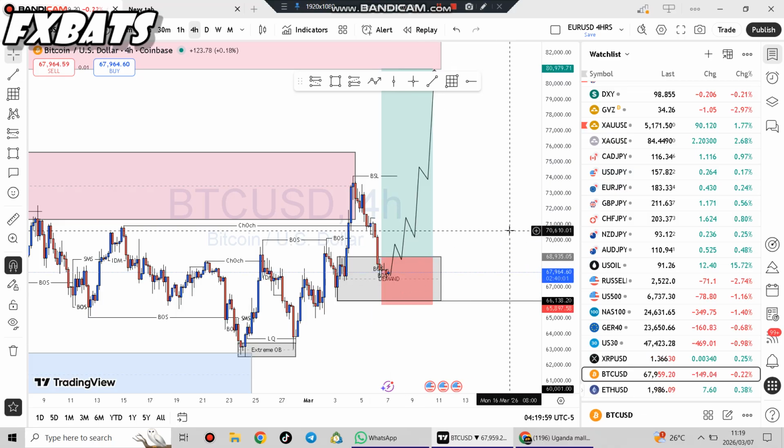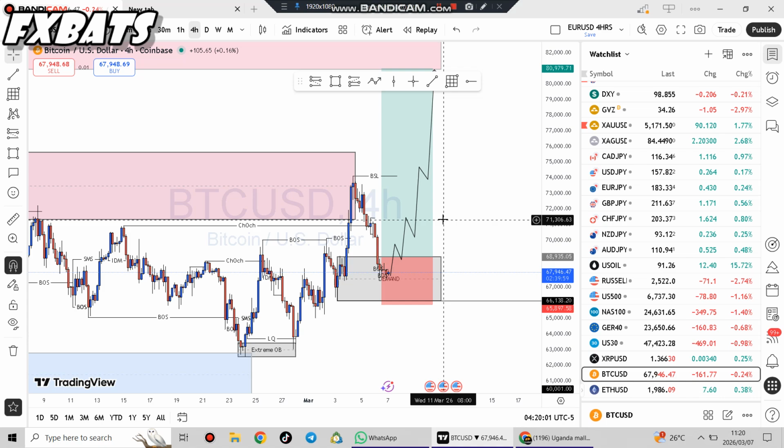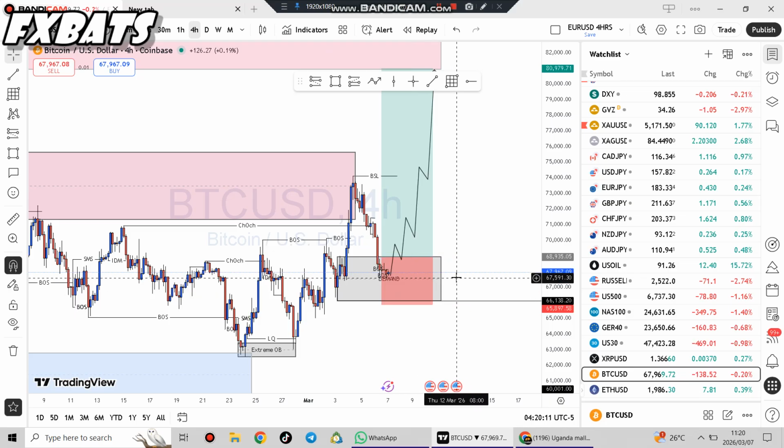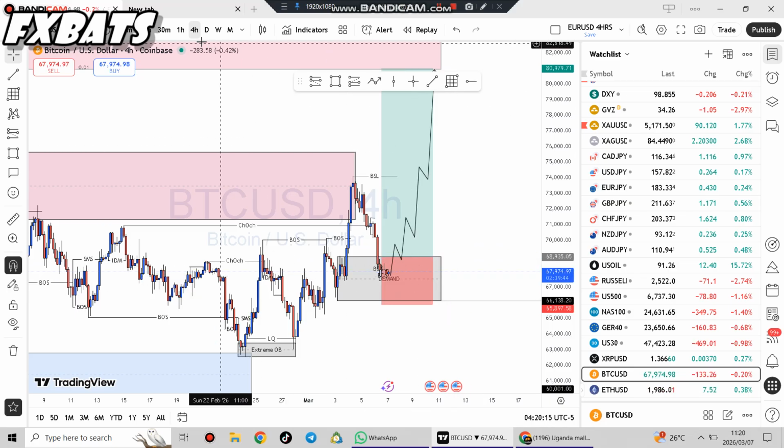So what I have to do, I have to go further to a lower time frame by doing time frame alignment. So since I have my POI, which is my H4 area of demand, which is an order block, I have to match it with the 15 minutes time frame.